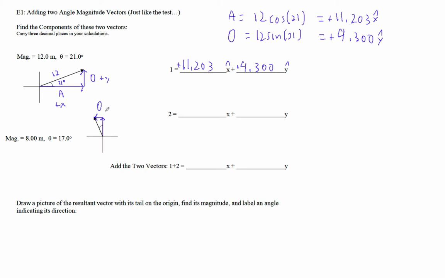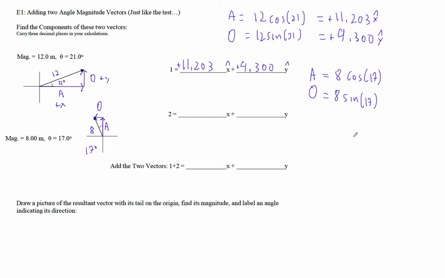So that's my opposite. That's my adjacent. So let's figure that out. The opposite and the adjacent. The adjacent is going to be, the magnitude is 8. That angle is 17 degrees. Right, so it's going to be 8 cos 17. The opposite side will be 8 sine.